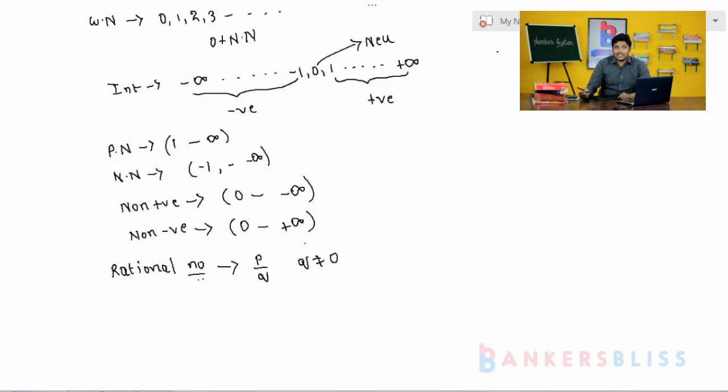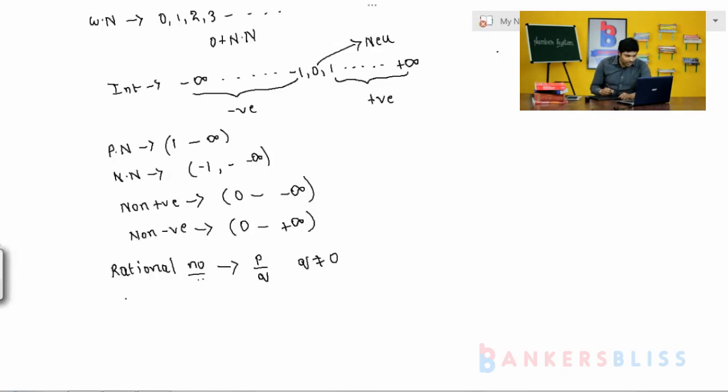The numerator can be 0, but the denominator cannot be 0. These rational numbers can be positive, negative and neutral. A rational number contains all the natural numbers, whole numbers, integers as well as fractions.